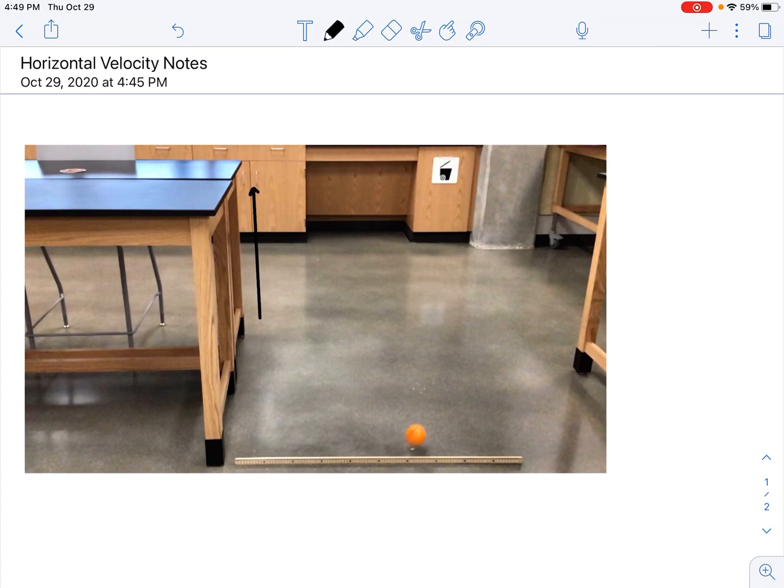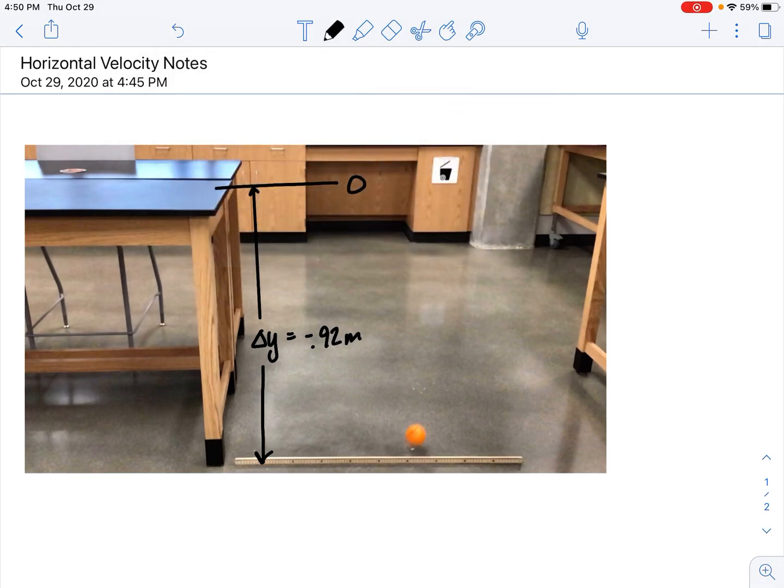I measured the height of the table, which I'm going to call delta y, which is our vertical displacement, and it's 0.92 meters. I'm going to call this 0. So when the ball falls, it changes its height in a negative direction.